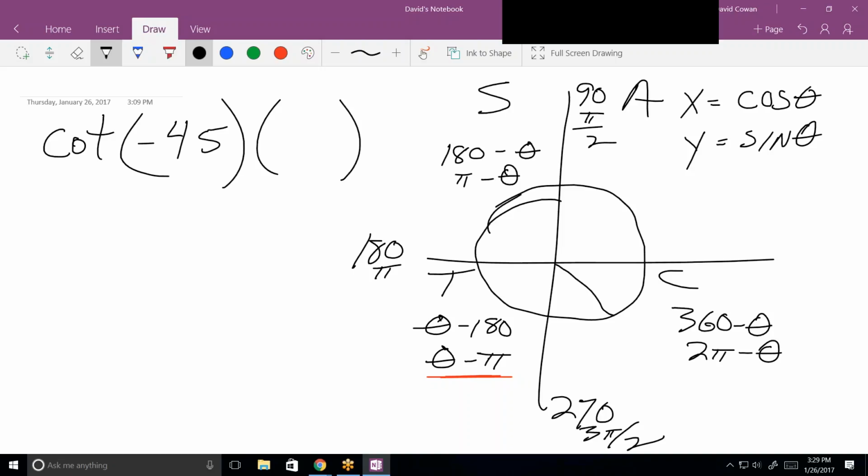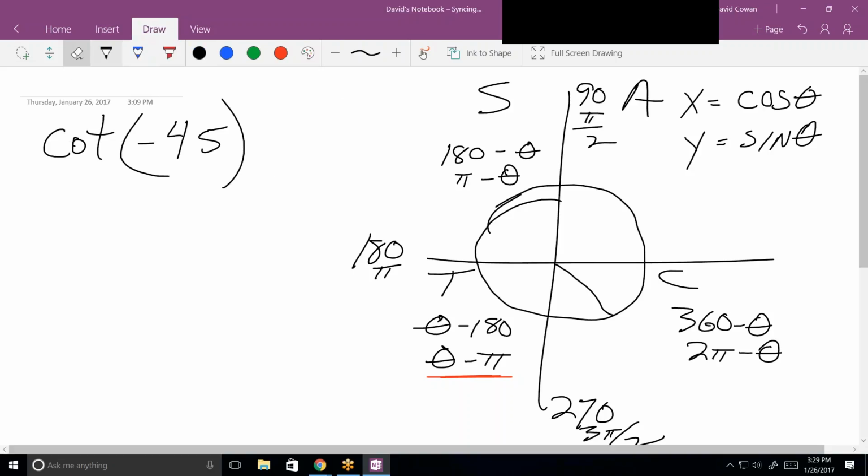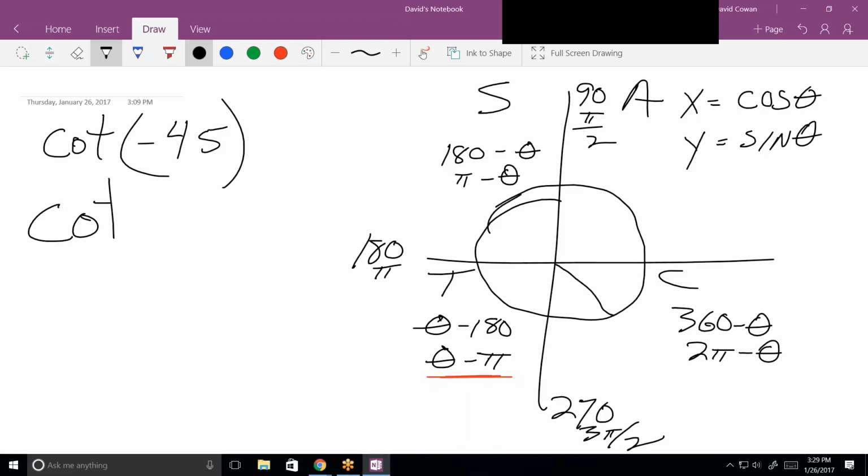Is it? Yeah, it is. Let me take that back. Here are the two ways to do it. It's the same as the cotangent of 315. Minus 45 is exactly the same as positive 315.